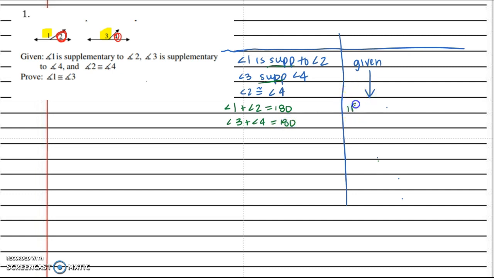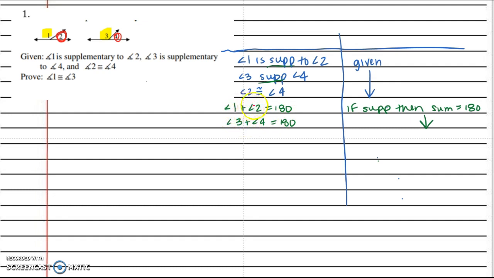That would be if supplementary angles, then the sum is 180. Since our given said supplementary, we would use a supplementary rule and not a linear pair rule, even though in the picture they are linear pairs.